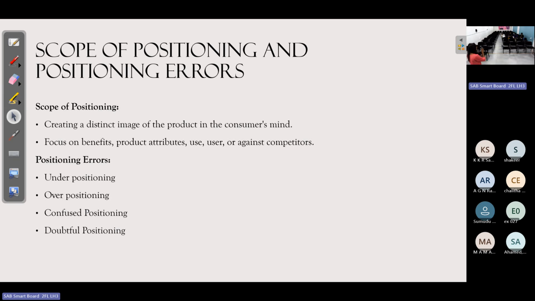Through an advertisement, we tell customers the product name, price, company, all details, but we are not mentioning the ingredients or the benefits of the product. That is underpositioning. You can write down that first error, underpositioning.